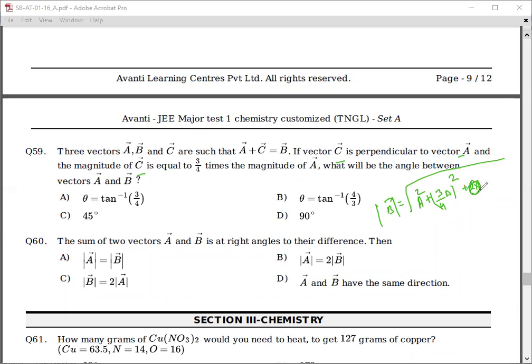A and, sorry, C is perpendicular. So this will be 0. Right? So magnitude of B will be A square plus 3 by 4 A square. So 1 plus 9 by 16, 25 by 16. So it is 5 by 4. Raise your hand. Clear?